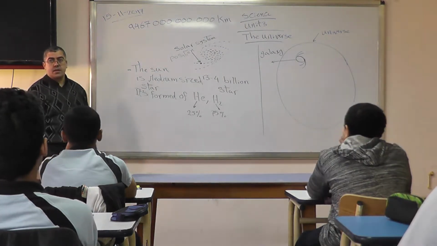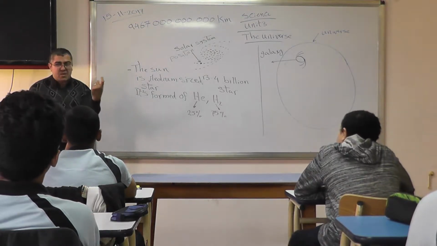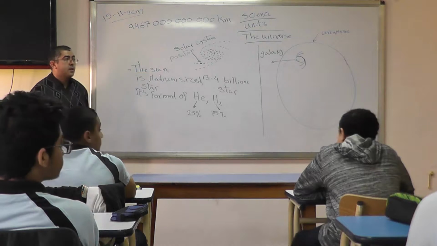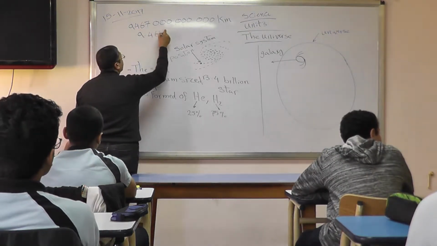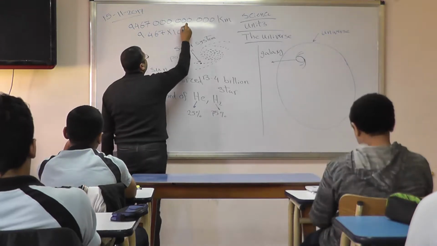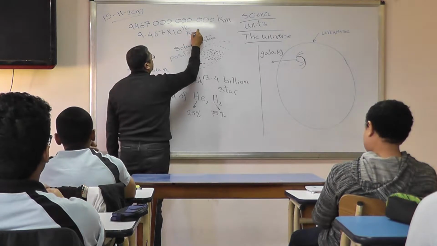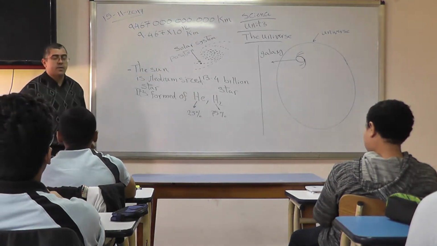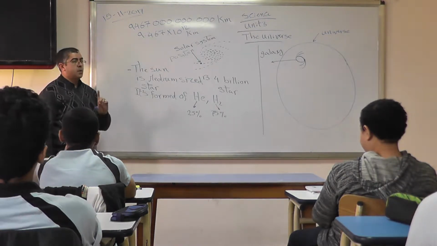Here we have another form, the standard formula. Yes, it is 9.467 times 10 to the power of 12, kilometers. Is this power 12 or power 6? No, power 12.